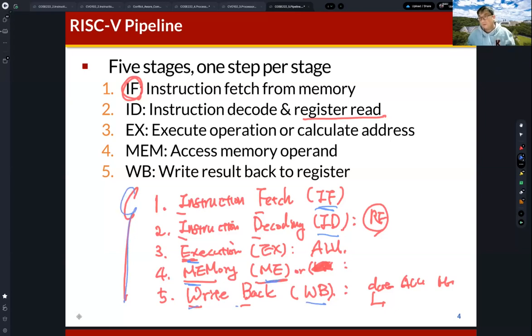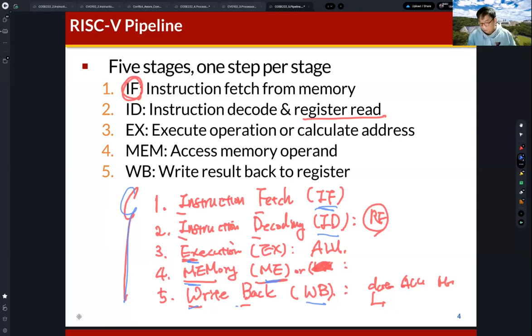And so we assume that in order to execute an instruction, we require these 5 steps. Which means the required steps of a single cycle processor can be divided into these 5 steps.